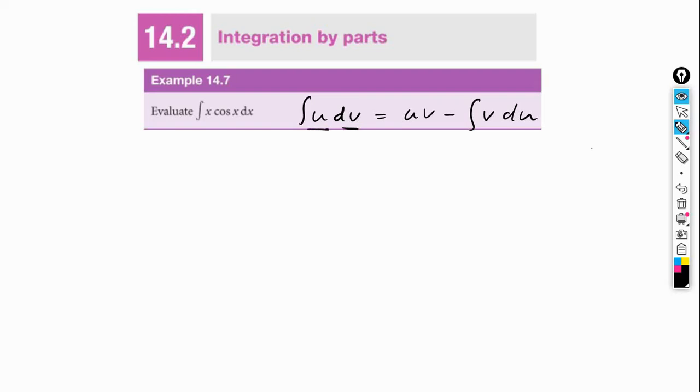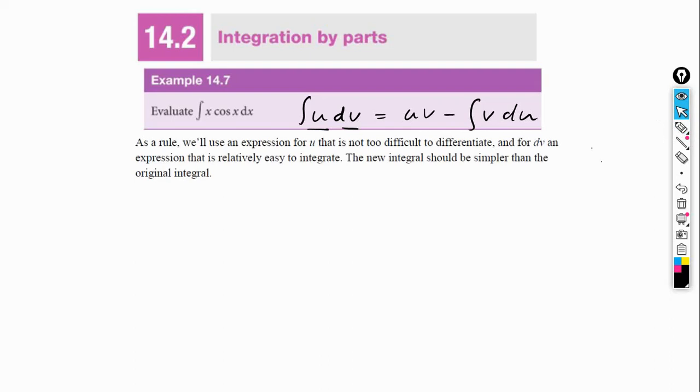For this, there is a general rule: we need to find a u that is not too difficult to differentiate, and for derivative of v, an expression that is easy to integrate.